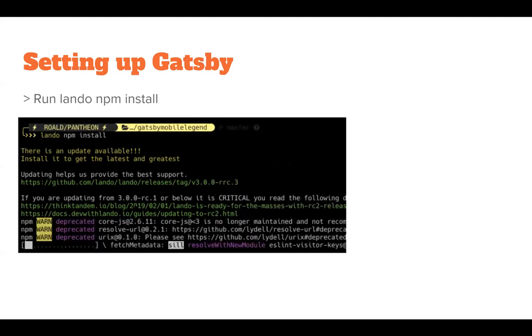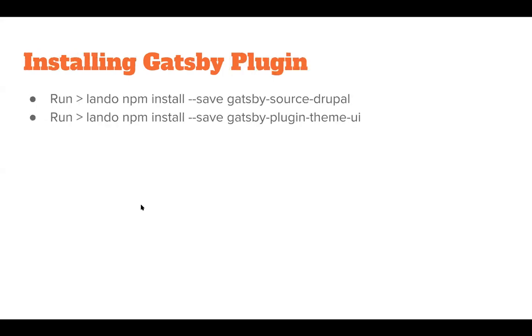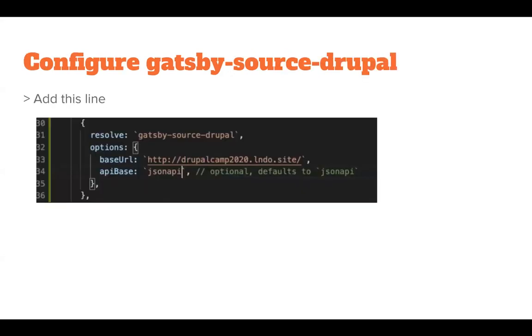Then after that, we're going to run npm install, so it will install npm packages. So here's the command. We need gatsby-source-drupal, like I mentioned earlier, and then gatsby-plugin-theme-ui. Then after that, we're going to configure the Gatsby config file.